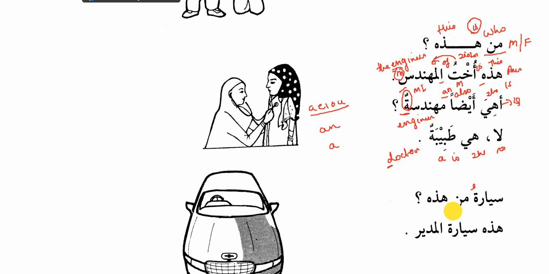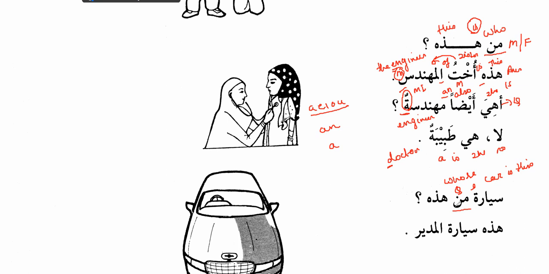Sayyaratu man hadha, questioning tool. Now we did this exercise in the previous lesson, how to make the question like these. Sayyaratu man hadha. So whose car is this? How will you translate? Man, whose car? Whose car is this?